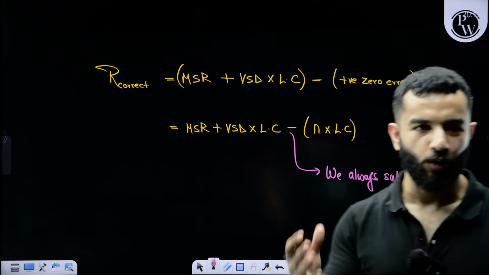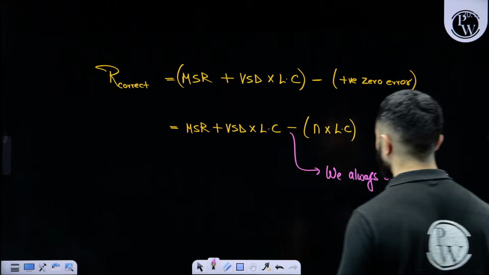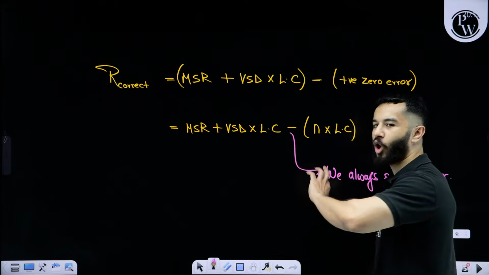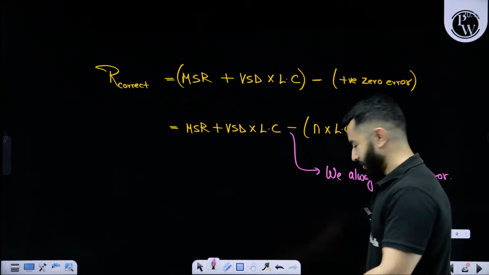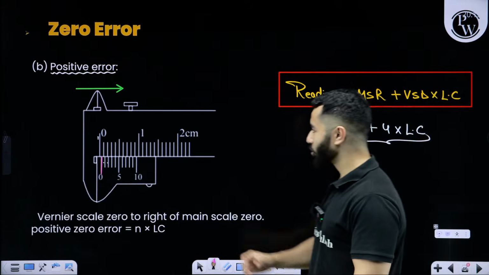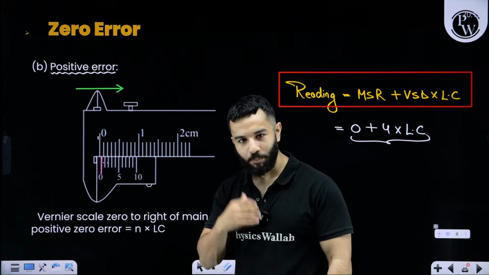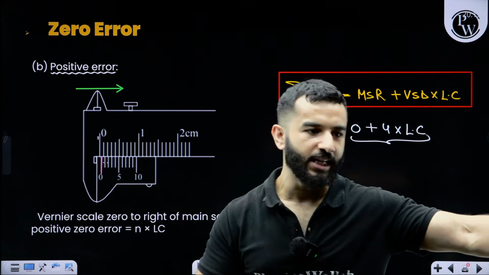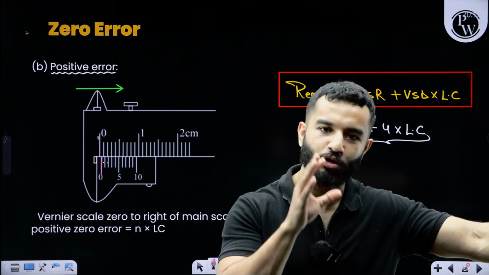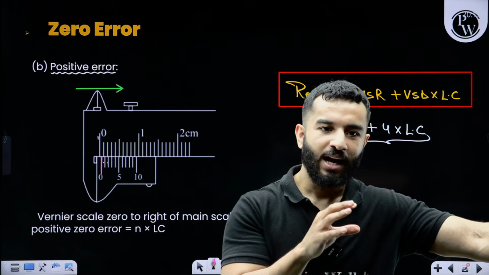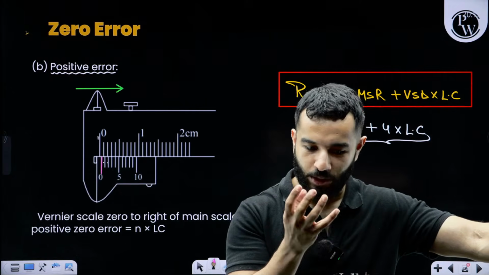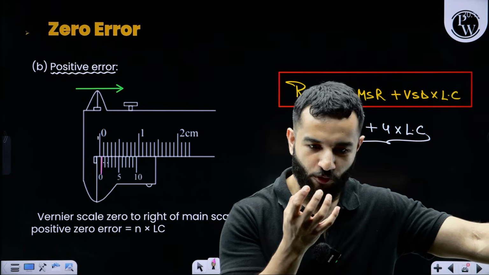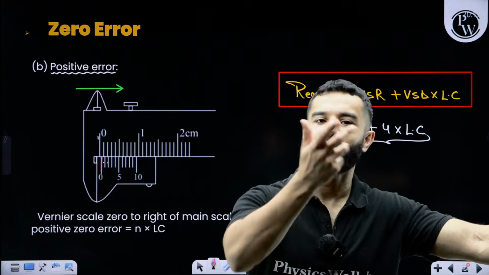Initially we were saying we always add errors. Here we are saying subtract errors because we are now trying to compensate it. Please understand, this instrument is always measuring some more value. Let's suppose your actual weight is 70 kilogram and a particular weighing scale is always showing you 72 kilogram.